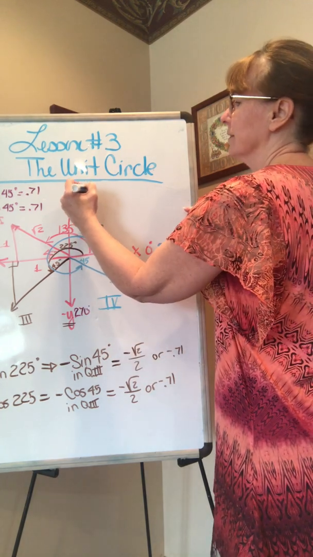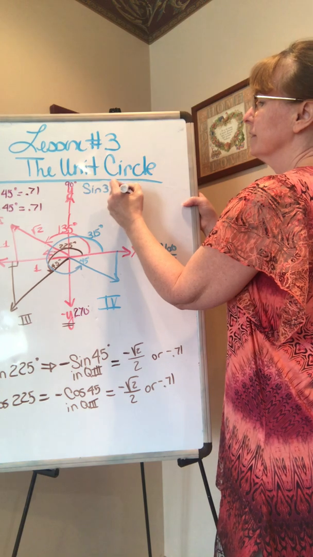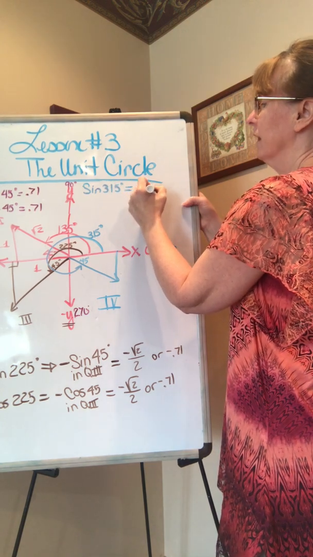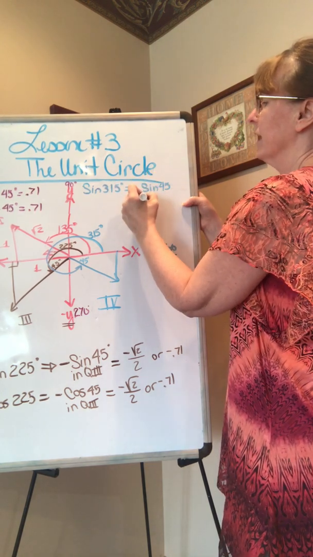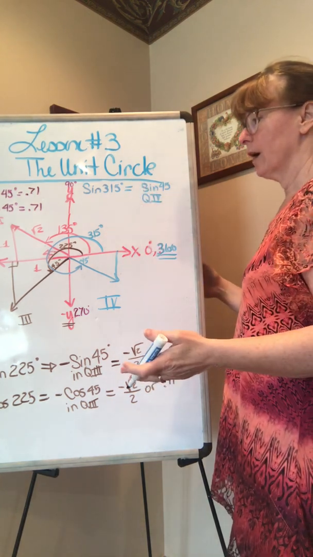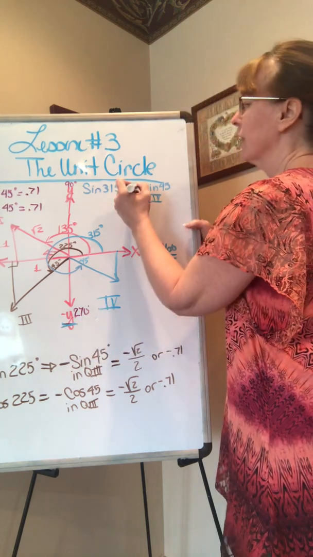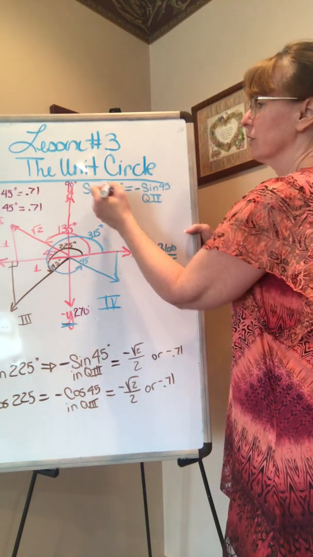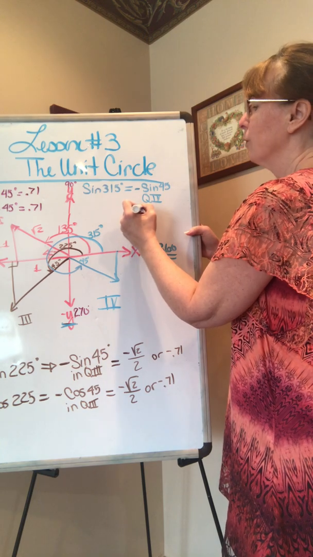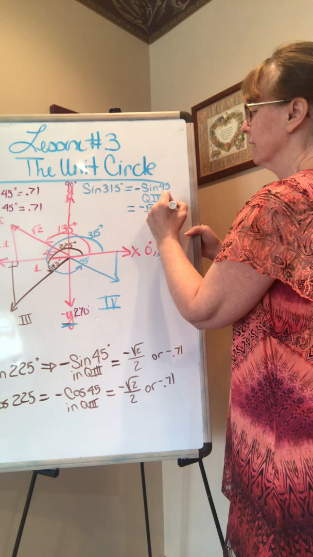So if I wanted the sine of 315 degrees, this is equal to the sine of 45 in quadrant 4. Now again, sine is the y-coordinate. The y-coordinate is negative in quadrant 4, so this would be negative. So the sine of 315 would be negative rad 2 over 2, or negative 0.71.